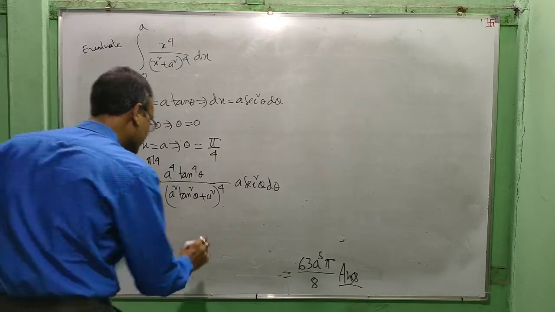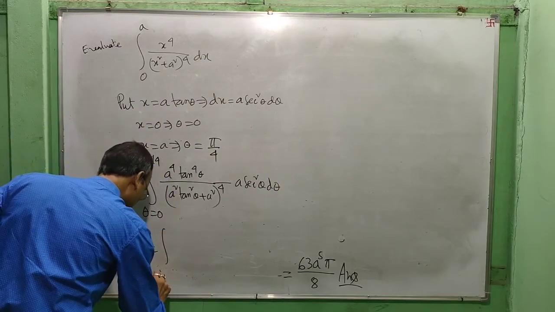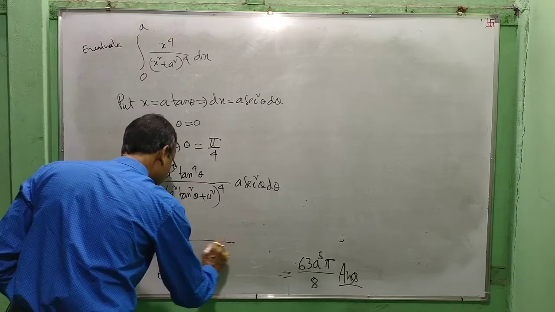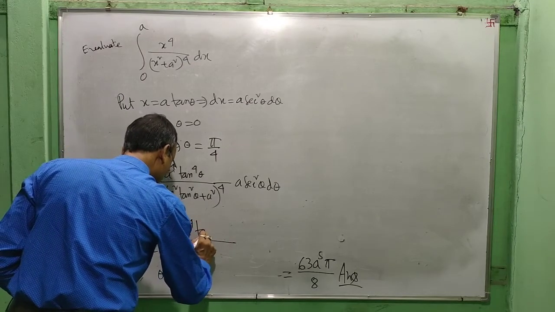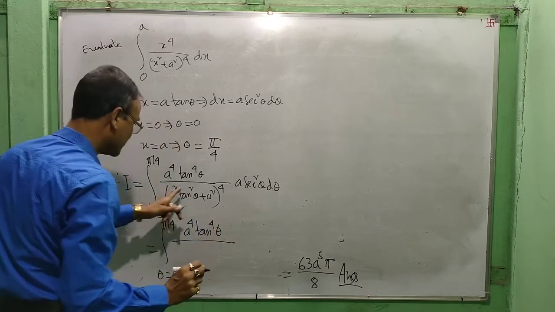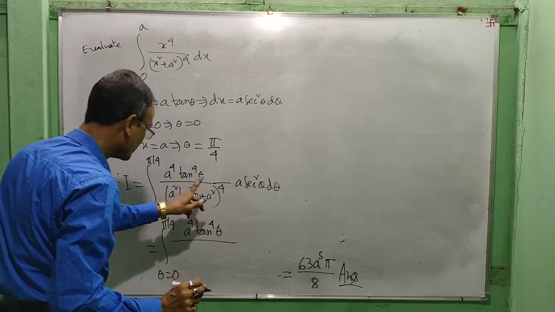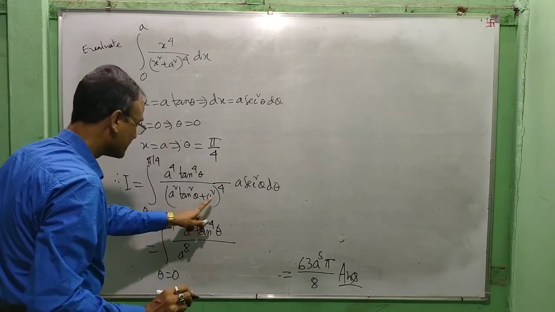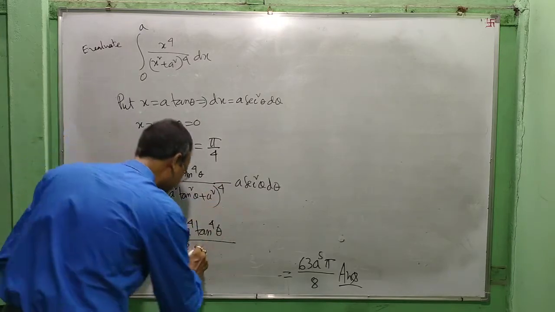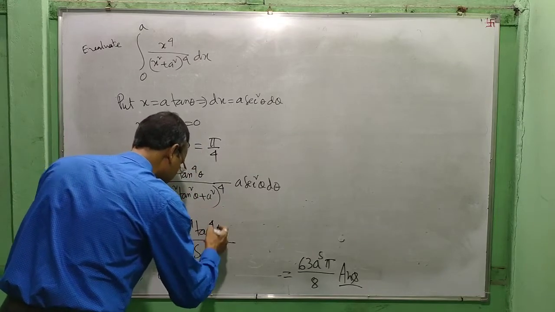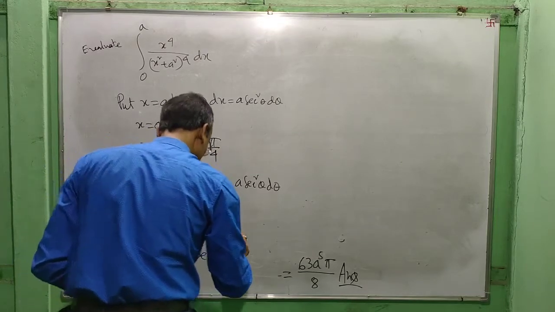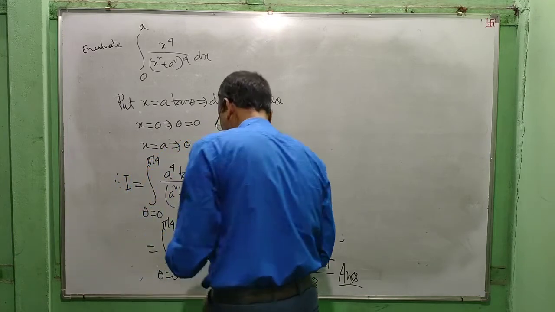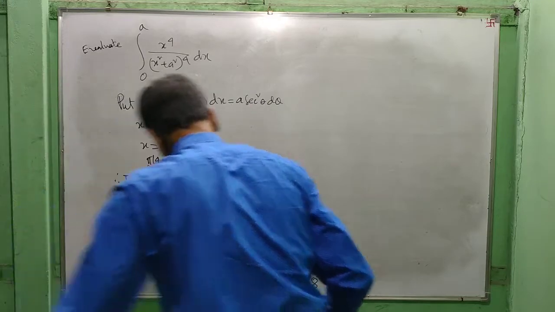This is equal to a to the power 4 tan to the power 4 theta divided by a square whole to the power 4, a to the power 8, tan square theta plus 1, sec square theta, sec to the power 8 theta into a sec square theta d theta.